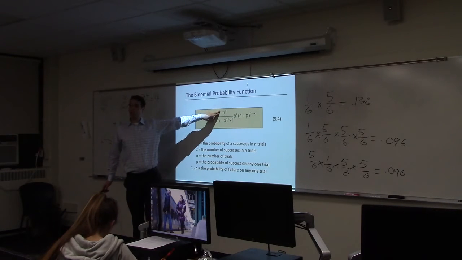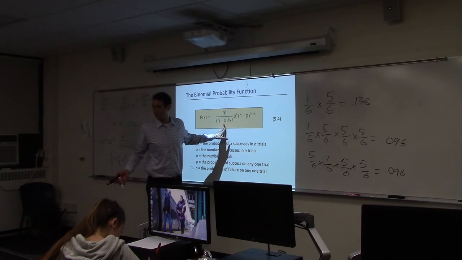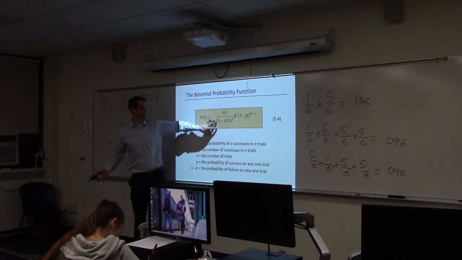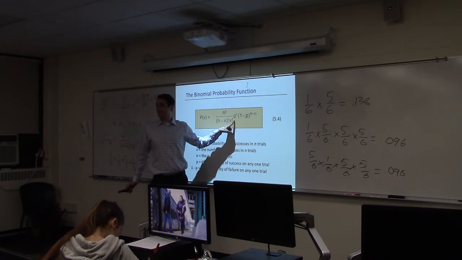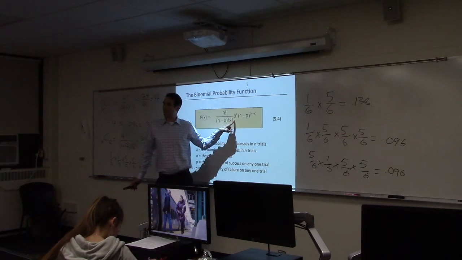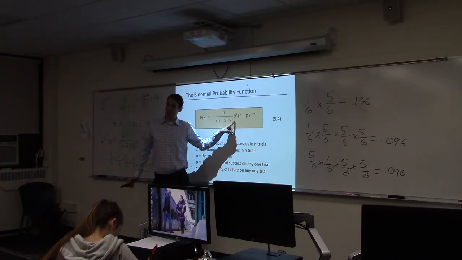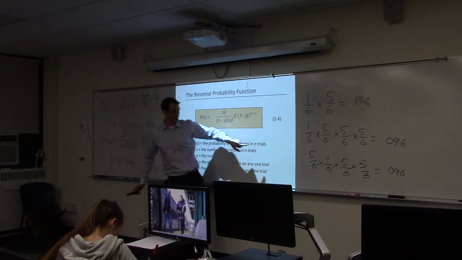N is the total number of rolls, x is the number of times we want to get a 6. So we do the combination formula, and then we do the probability of a success, in our case 1/6, raised to the power of x, however many times we want that to happen.